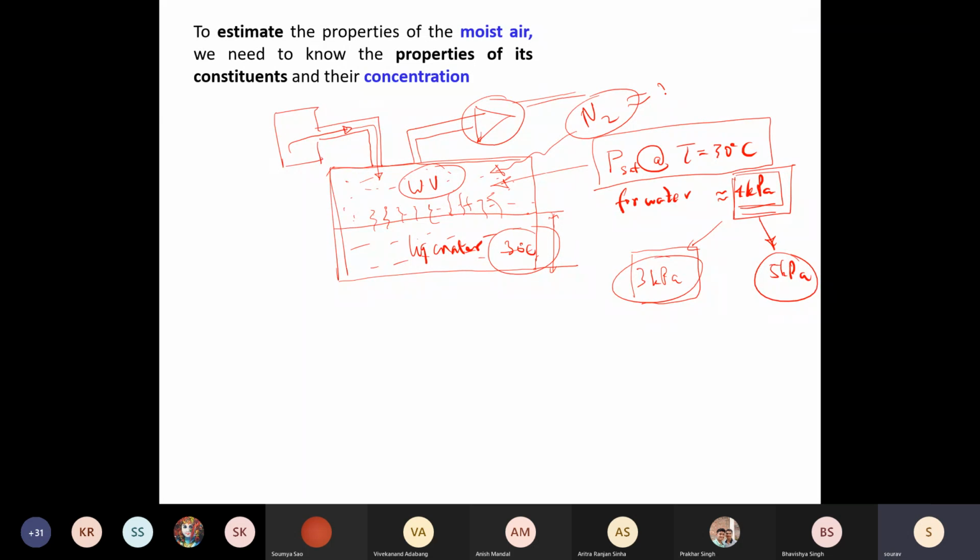So I introduce some n moles of nitrogen so that the total pressure above this liquid water now is 100 kPa, in the same container. So 4 kPa is the pressure of water vapor and 96 kPa is the partial pressure of nitrogen.